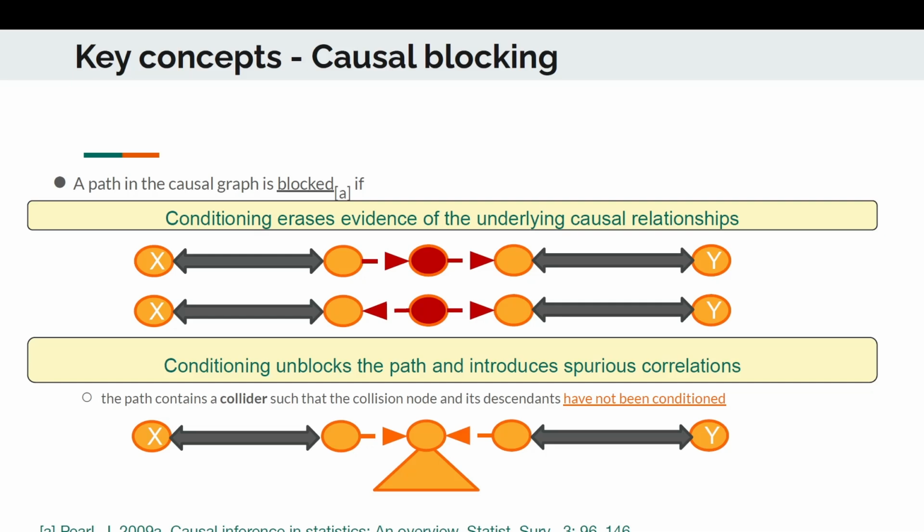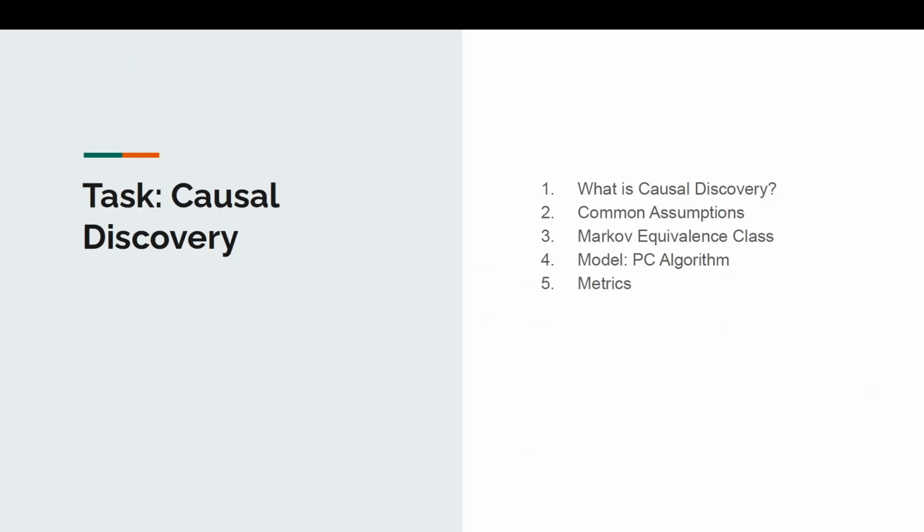So yes, when you apply conditioning, you can actually make some causal assumptions, but that will introduce some spurious correlations. So there's a risk to it. Alright, in such a graph, x and y are d-separated given z if all paths from x to y through z are blocked. This is called d-separation.